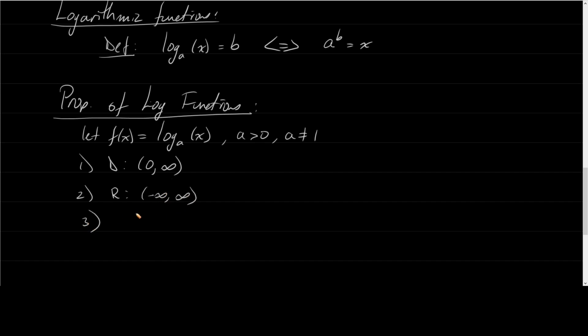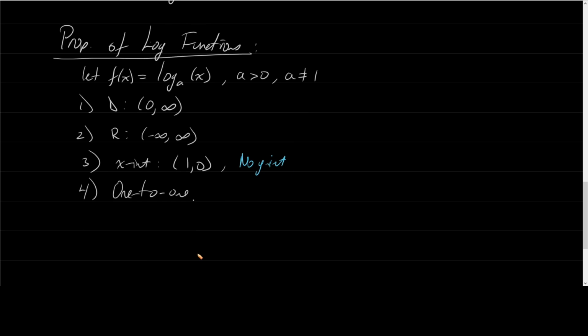For the intercepts, we have an x-intercept at (1, 0), and there is no y-intercept, and it is a one-to-one function. Now, we have two scenarios again: a is greater than 1, or a is between 0 and 1.